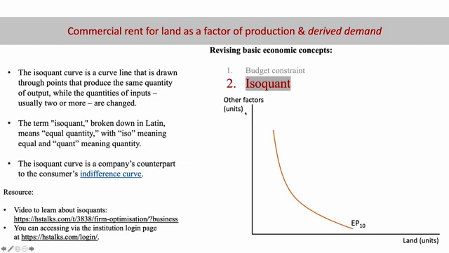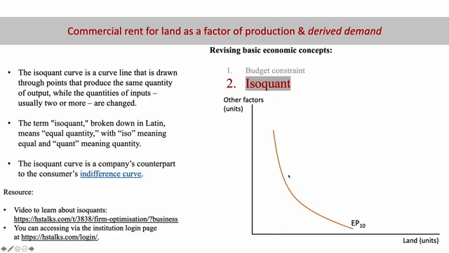For example, if we have land as one of the factors of production, and we combine capital and labor as other factors of production, and we need to understand in what proportion we should use the other factors and land, then on the isoquant line, these different proportions in which land and other factors can be combined would generate the same amount of output.